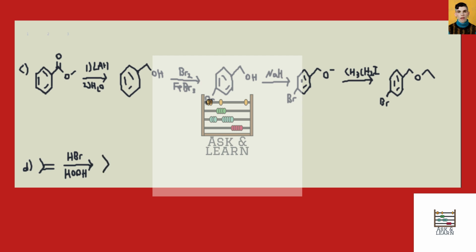And we can then treat this with some magnesium metal to make the Grignard. Okay, and then we can use this Grignard. We need to add 2 carbons and an alcohol here, and we can do that by using oxirane and using the Grignard as a nucleophile to open this epoxide.